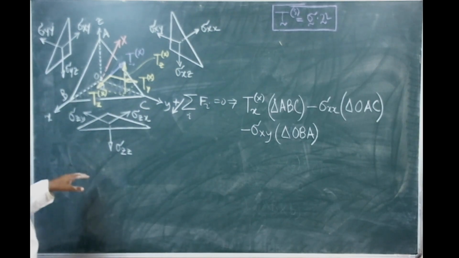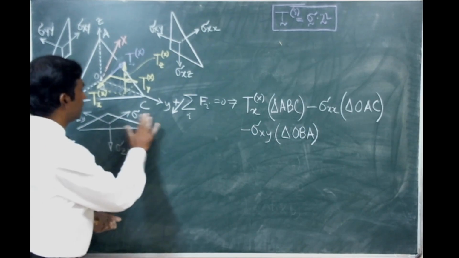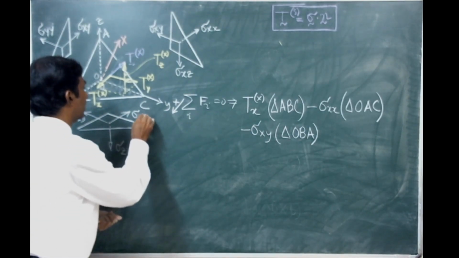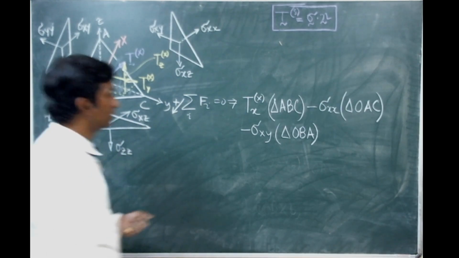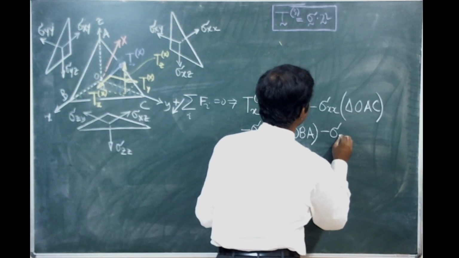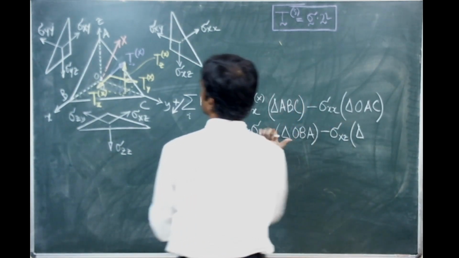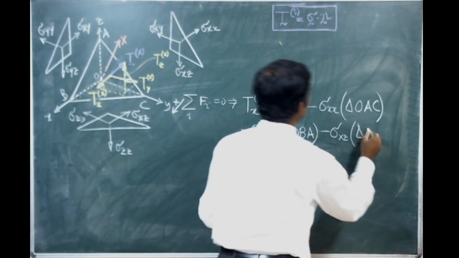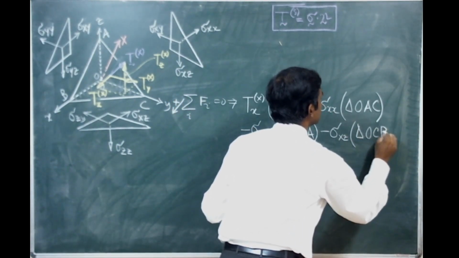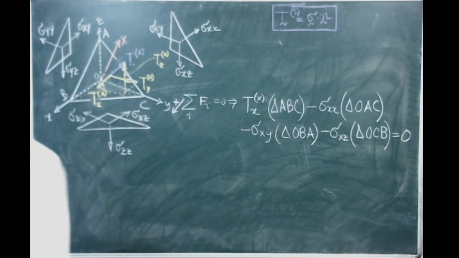This much force it is offering. Now we visit the negative z plane. Along the x-axis direction sigma xz is acting. I am using the complementary condition, the symmetry of stress, xz times area OCB, that must be 0.